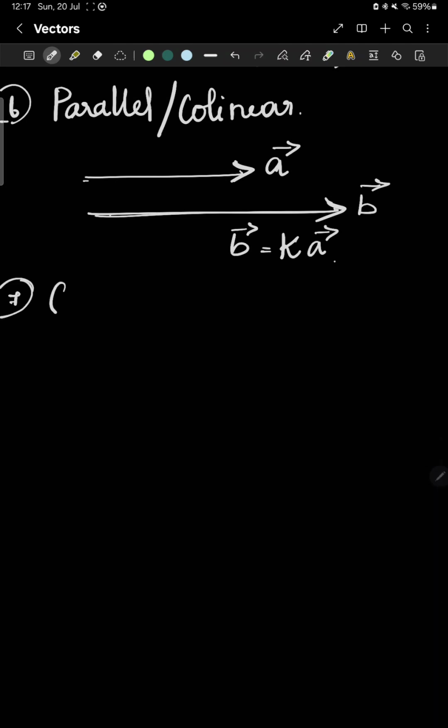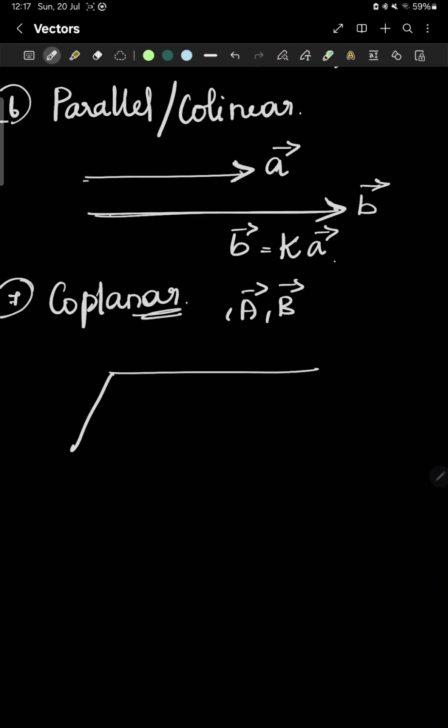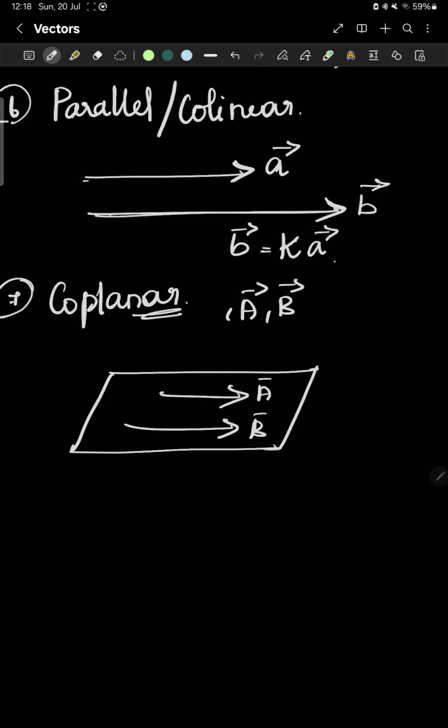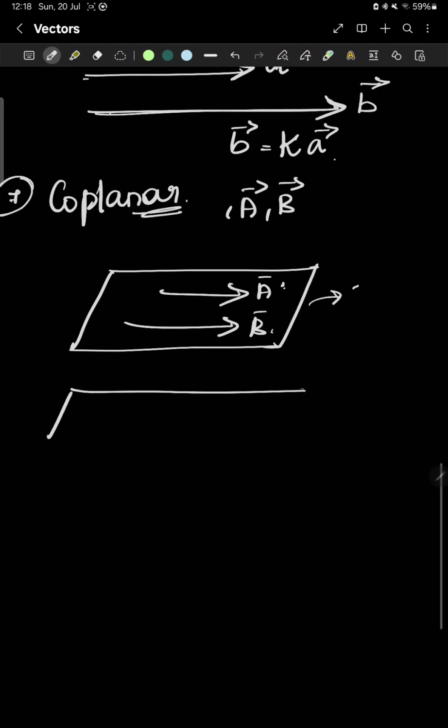And the seventh one, which is coplanar vectors. The two vectors, which may be a vector and b vector, will always be in the same plane. We can do all the operations only if the two vectors are in the same plane. If not, we wouldn't be able to do that. So coplanar means two vectors which are on the same plane, as well as when I take another plane which is parallel to this plane.